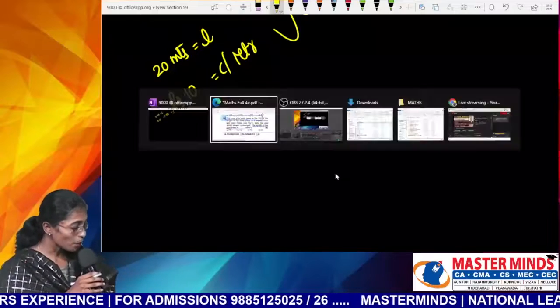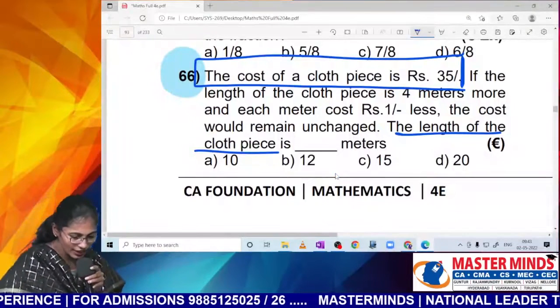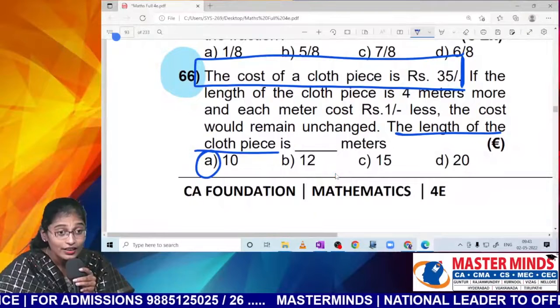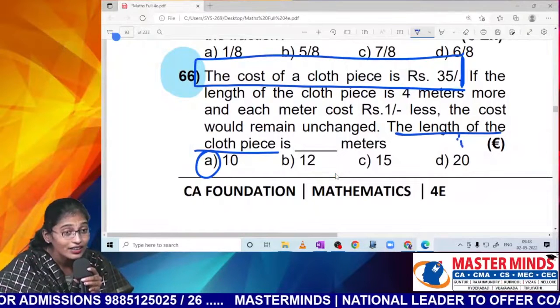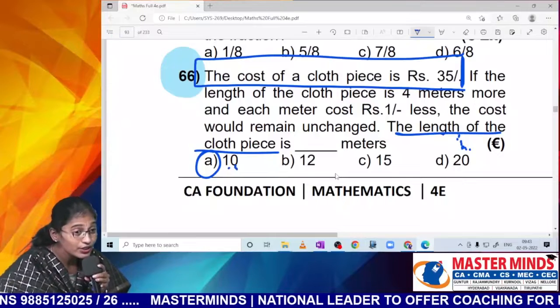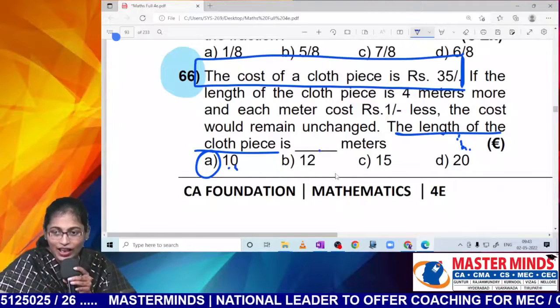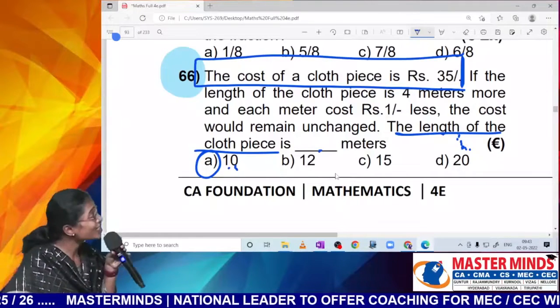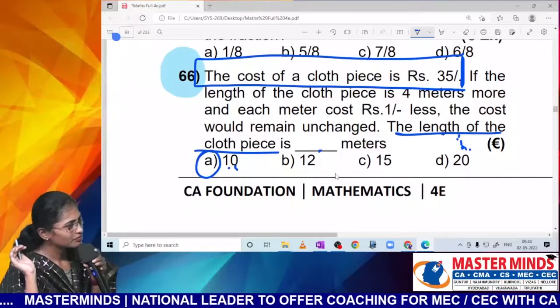Now look at option A, guys. What is option A? 10 is the length of the cloth piece, 10 meters. It's not 10, it is 10 meters. Guys, read out the first half of the question.